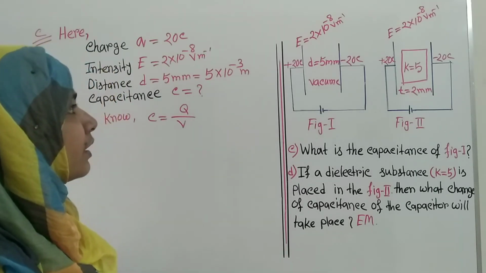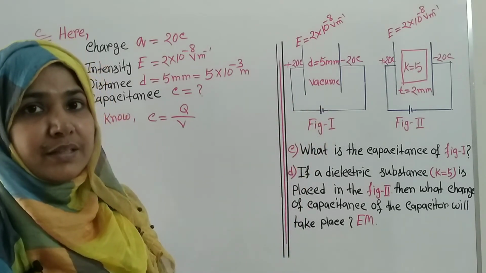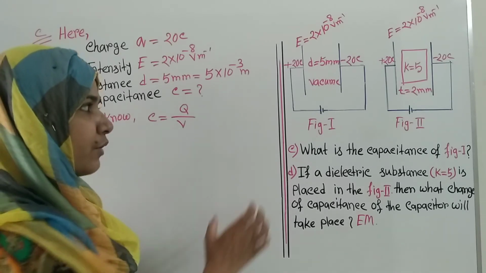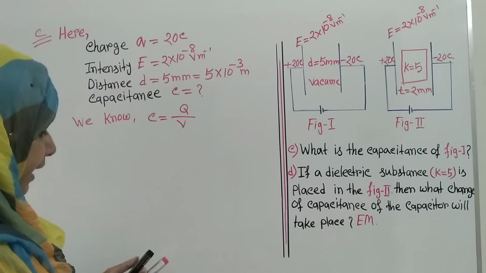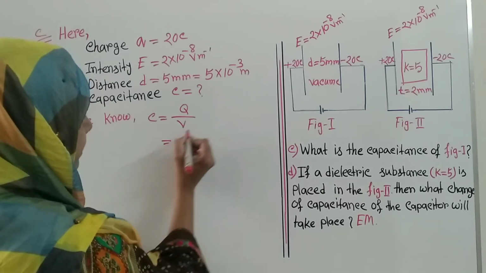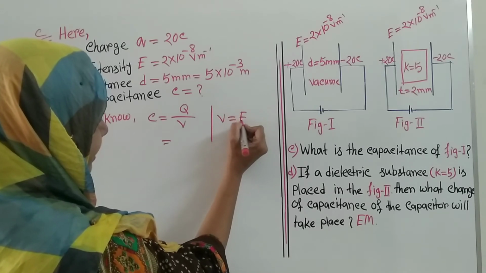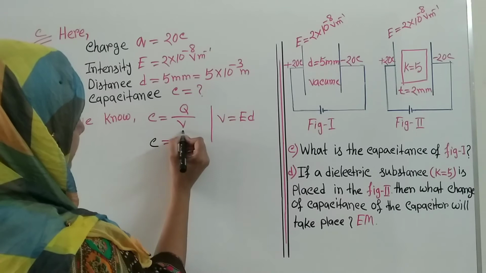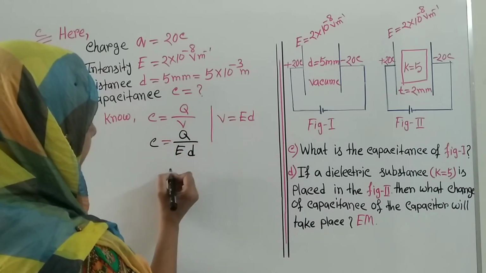As here the area of the two plates is not given, that's why I am going to use this formula to calculate the capacitance of this parallel plate capacitor. And you already know that the formula V is equal to ED. Now C is equal to Q divided by ED.